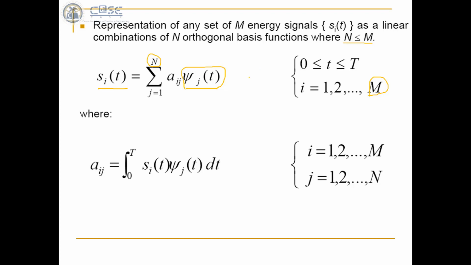So we would be representing all the possible 32 signals in terms of the 4 basis functions. This means the match filter may not need to have 32 branches at the receiver end.